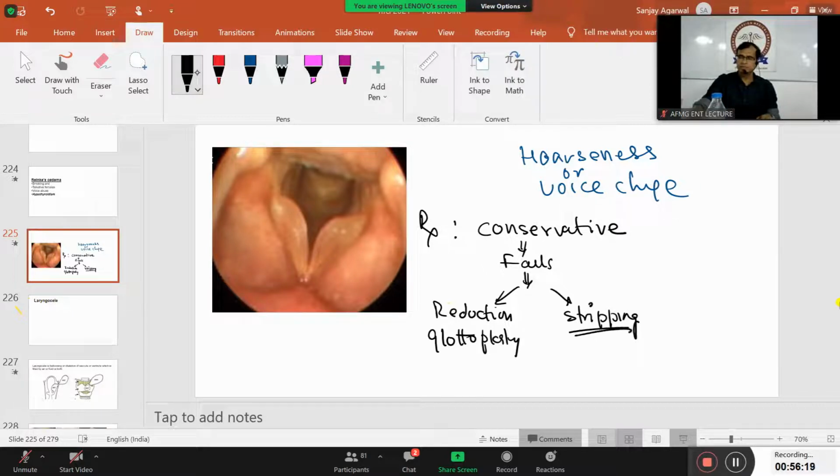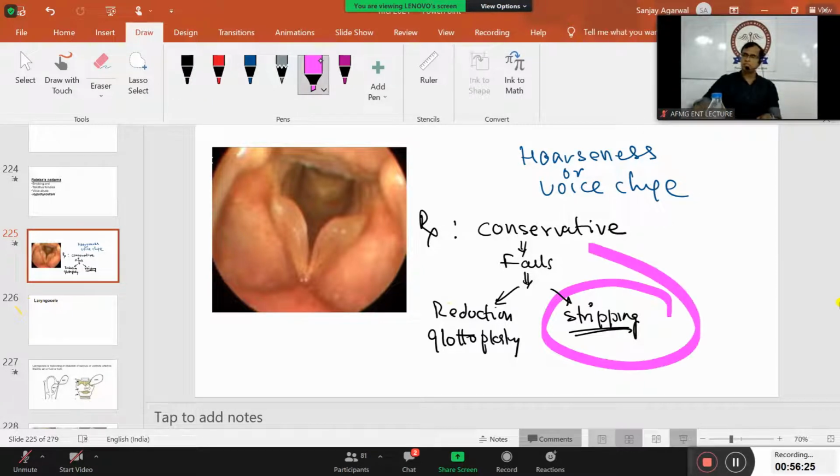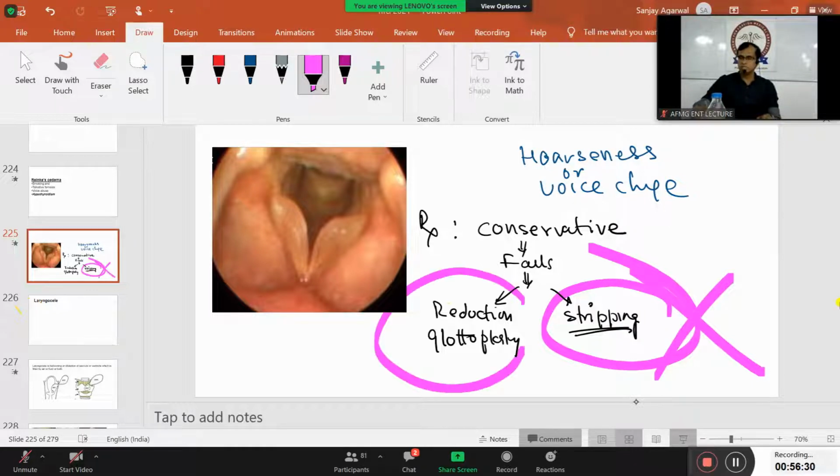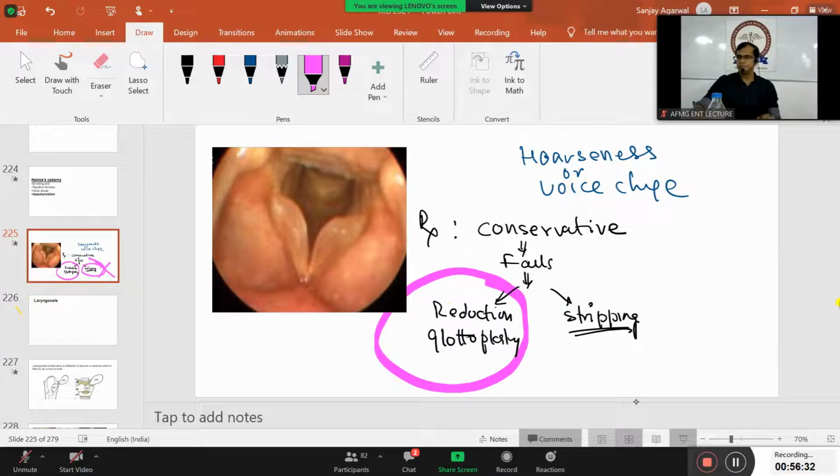If you read your books, they will say the surgery of choice is stripping, which is the old answer. Now it has changed. If reduction glottoplasty is given, then that is the correct answer. But if it is not given, of course, it's the stripping of the vocal cord. But look for reduction glottoplasty. This is a recent, better answer for Reinke's edema.